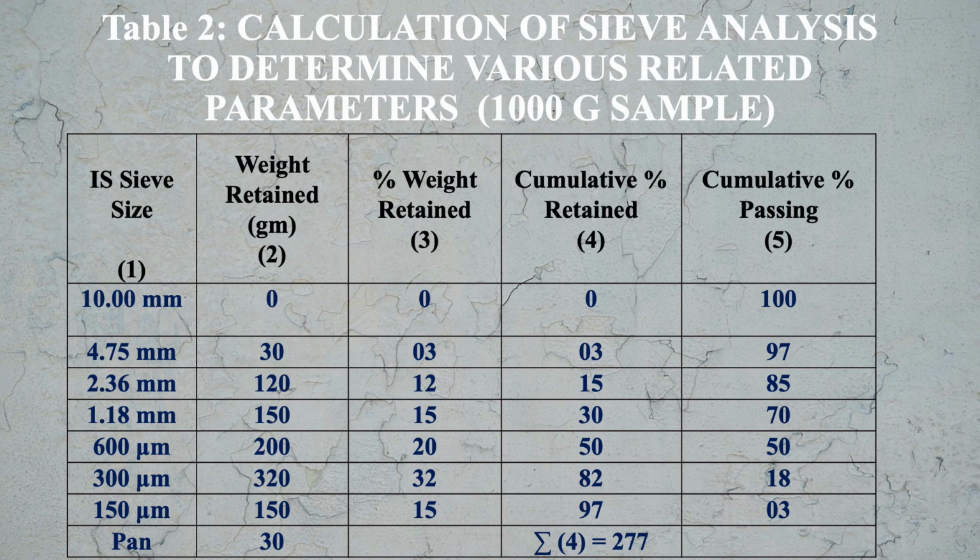And finally the total sum of column 4 comes out to be 277, meaning the cumulative percentage retained total for that whole sample is 277. Then cumulative percentage passing you can calculate by subtracting the cumulative percentage retained from 100. So that way you can get the numbers of column 5.